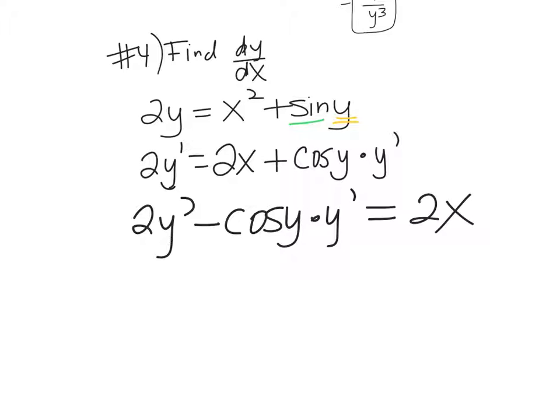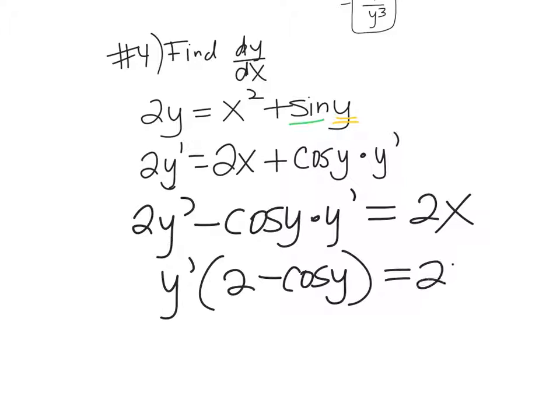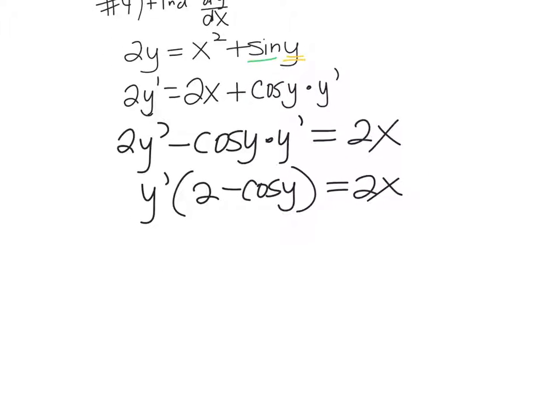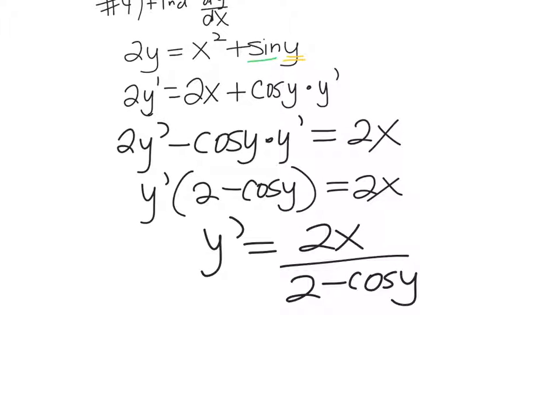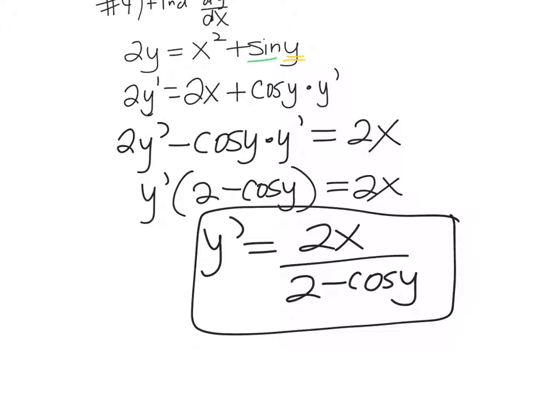And now I can go ahead and factor a y prime to the front, leaving me with 2 minus cosine y equals 2x. And then finally, solving for y prime, we just want to divide. So y prime equals 2x over 2 minus cosine y. And that's it.